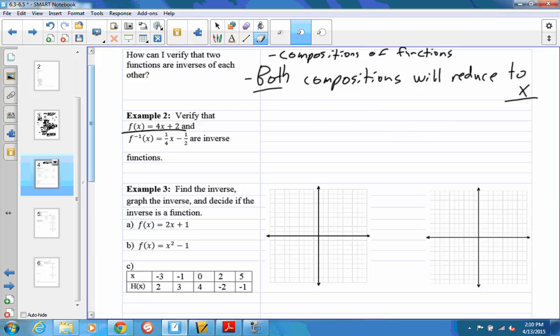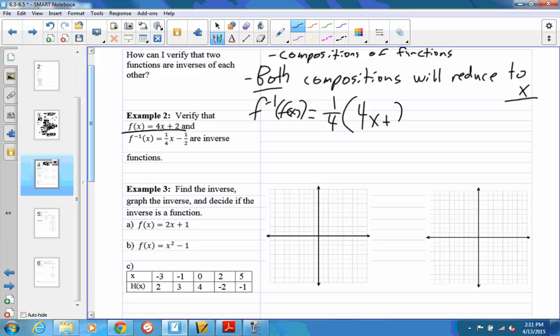All right. So I need the inverse of f of x, right? So my inverse function is 1/4, and I'm replacing my x with the original equation, which is 4x plus 2, right? And then minus 1/2. So I distribute. What's 1/4 times 4x? 1x.